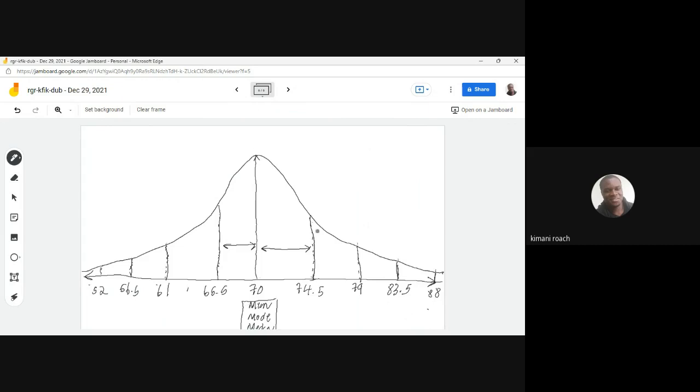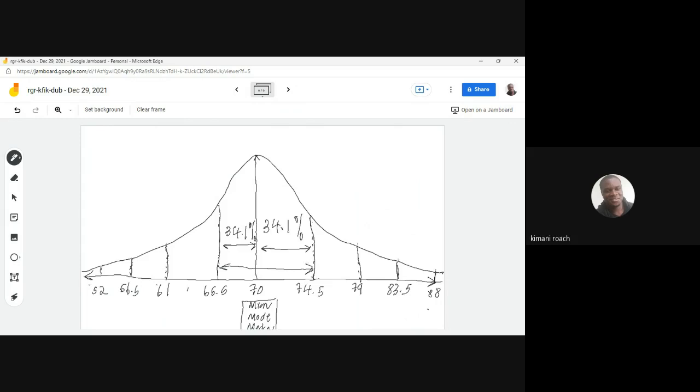Normally, we say one standard deviation to my right is going to be 34.1% of my data set, and one standard deviation from my mean to my left is also going to be 34.1% of my data set. So one standard deviation in both directions is where most of my data set is going to fall.